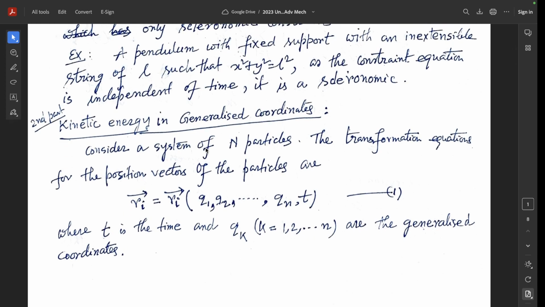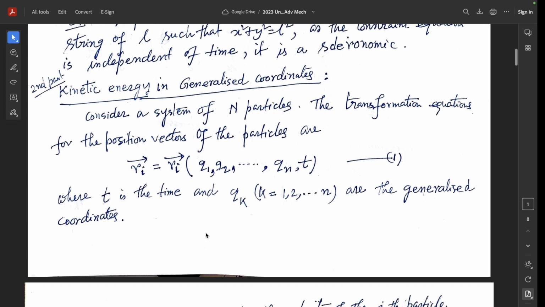Consider a system of n particles. The transformation equations for the position vectors of the particles are r_i vector equals r_i vector as a function of q1, q2, ..., qn and t, where t is the time and q_k, with k running from 1 to n, are generalized coordinates.